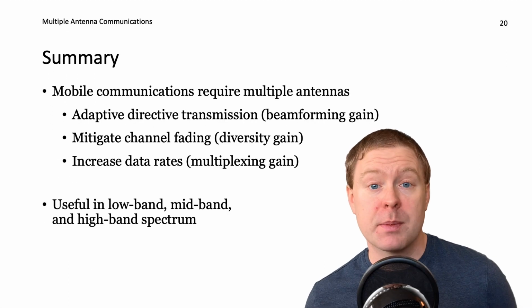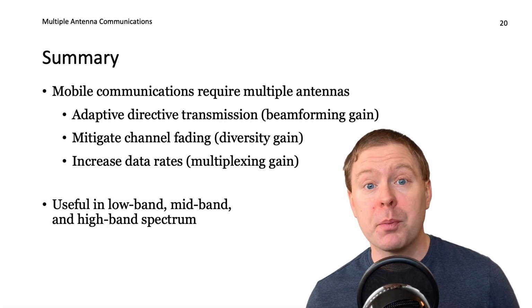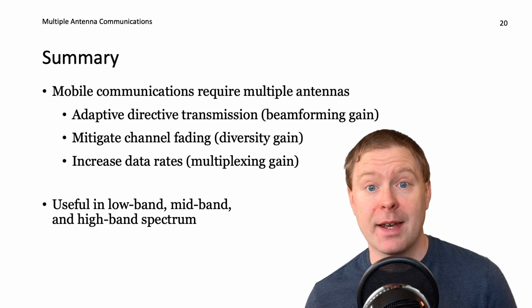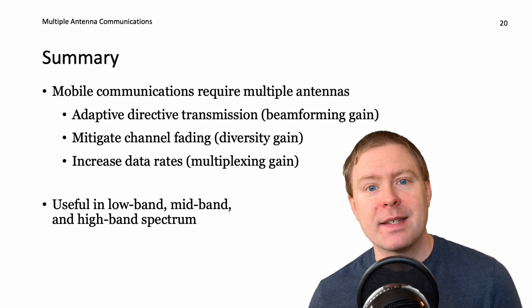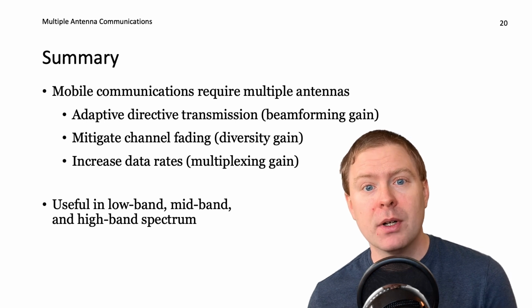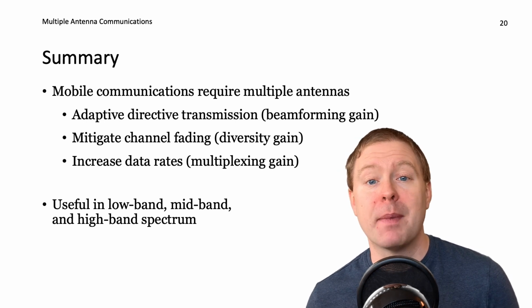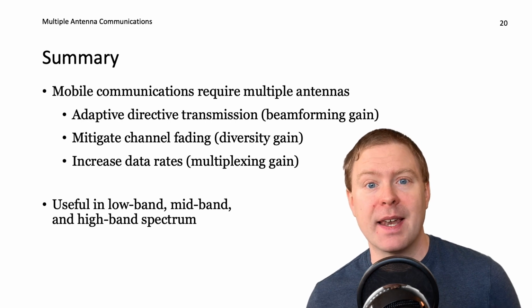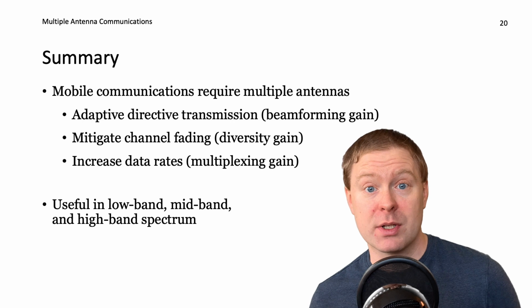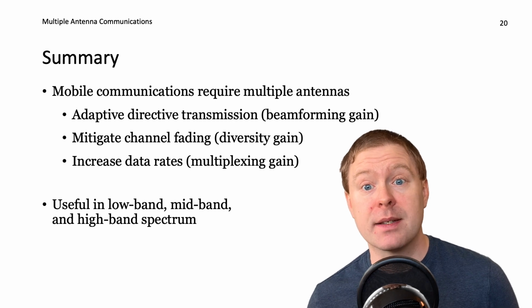Mobile communication systems can be improved a lot by having multiple antennas at the transmitter and at the receiver. We can use it for beamforming, where we are directing a signal from transmitter towards the receiver, and we are listening in a directive manner from the receiver side. This is like having directive antennas, but it's adaptive, so we always can get this gain irrespective of how we're rotating the devices.